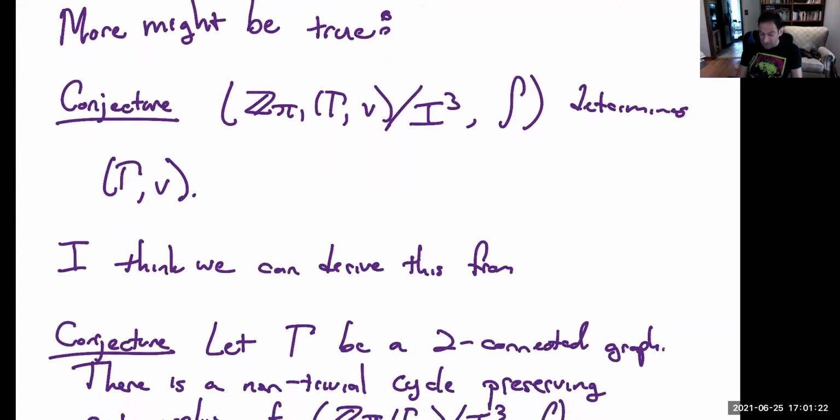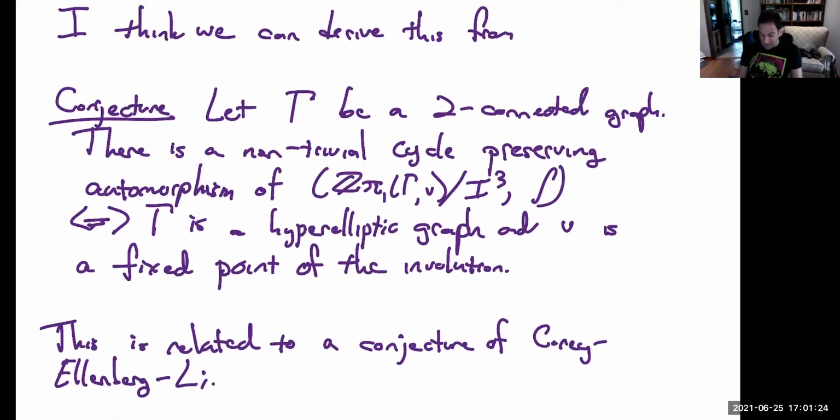But I think I can derive this from the following conjecture. Here, the conjecture says that if gamma is a 2-connected graph, I probably want it to be bridgeless, there's a non-trivial cycle-preserving automorphism of the integration algebra if and only if the graph gamma is a hyperelliptic graph and V is a fixed point of the involution.